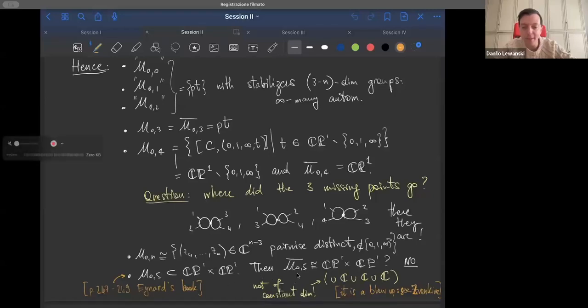But in fact, when you compactify it, you take the union with some copies of C that have dimension 1. So you will see that you have strata that are not of the same dimension. And in fact, you also have a description as a blow-up that you would find in the Zvonkine notes.